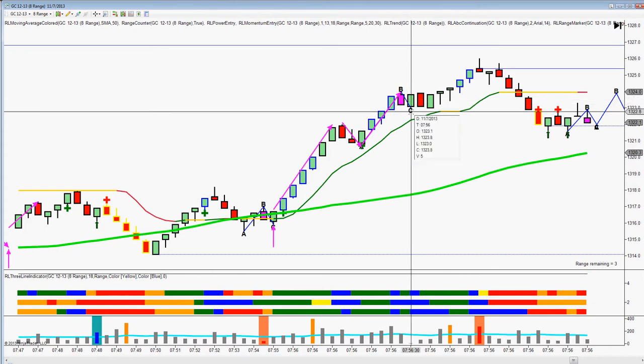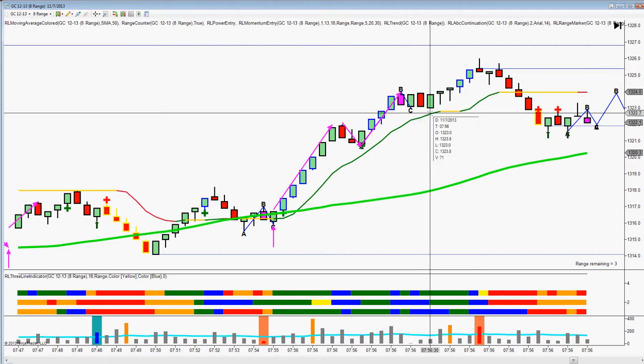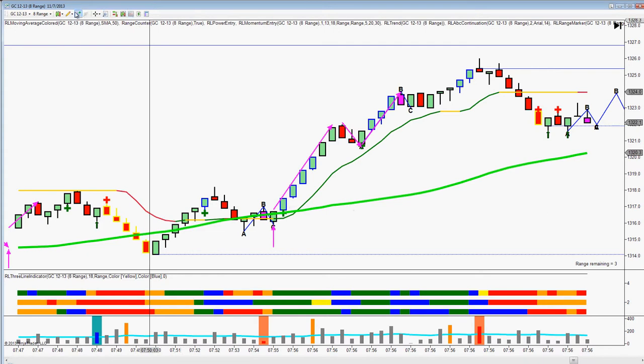Your entry would be one tick above the close. The close is 1323.8. You'd be in at 23.9. The low is 23.0. Came back 9. Did not stop you out.